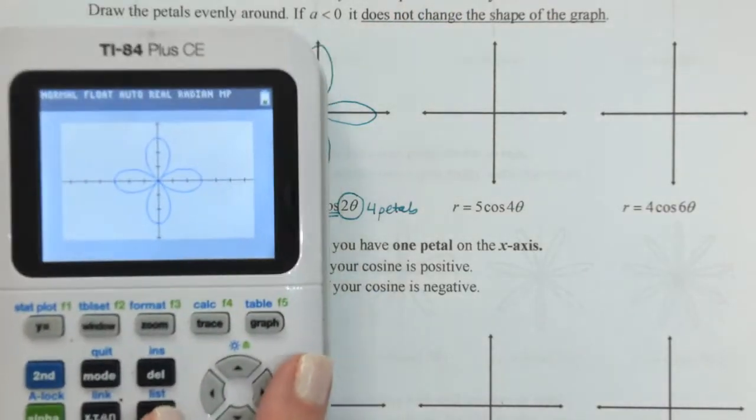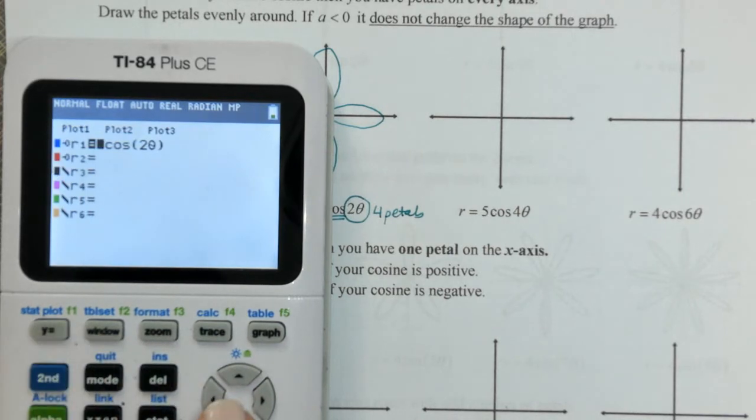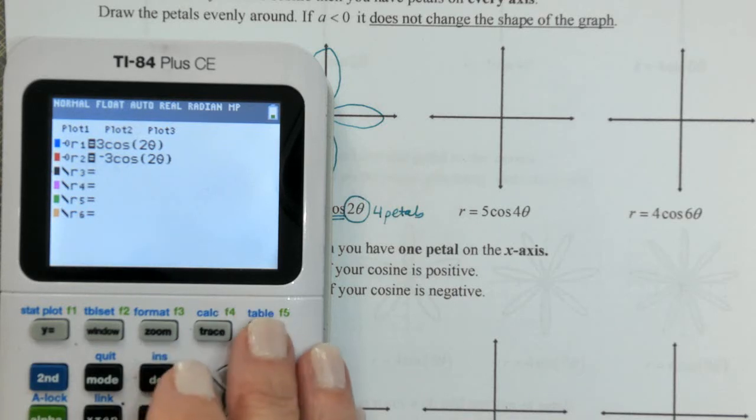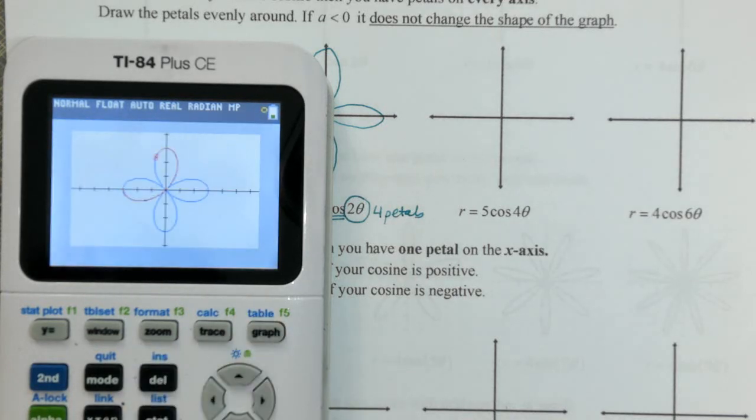What happens if we now come here and make a negative 3 cosine of 2 theta? And sure enough, it is the exact same resulting graph. Now, the way it graphed, the order that it graphed was different, but the resulting graph is identical.